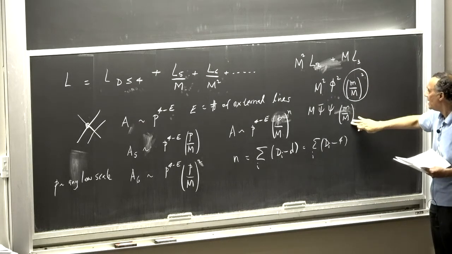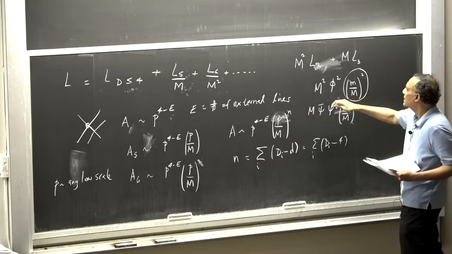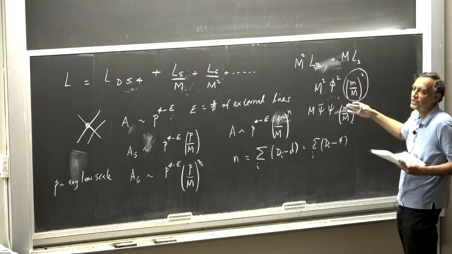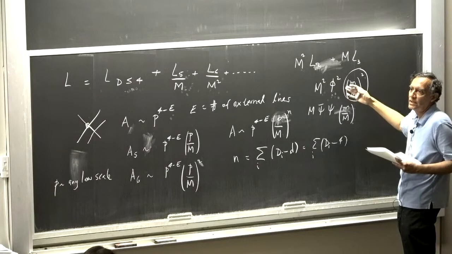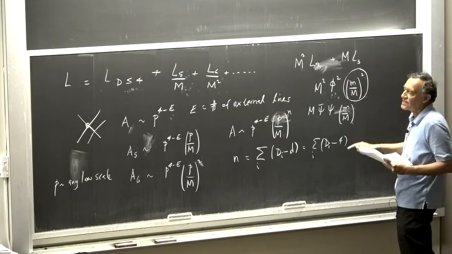And this is 1 power of small scale over the big scale. So effectively, it's converting what you thought was dimension 2 into, as far as the EFT power counting is concerned, an object which acts as though it has dimension 4, because its coefficient is small by 2 units. And the same thing for phi cubed.